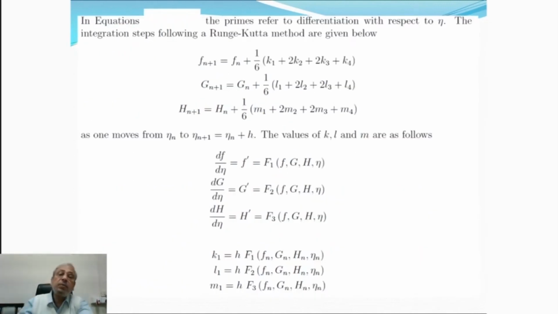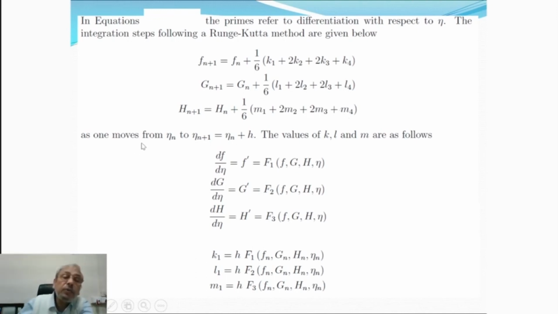We go from fn initial value to fn plus 1, that means a small increment in the eta direction. And fn plus 1 is given by fn plus 1/6 of k1 plus twice k2 plus twice k3 plus k4, the usual Runge-Kutta method. gn plus 1 equals gn plus 1/6 of l1 plus twice l2 plus twice l3 plus l4. hn plus 1 equals hn plus 1/6 of m1 plus twice m2 plus twice m3 plus m4.